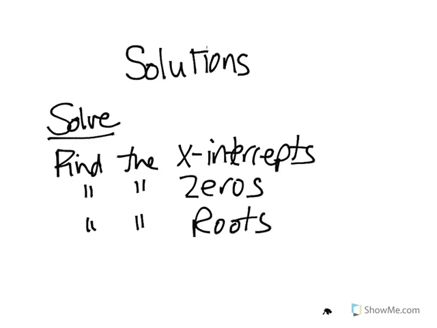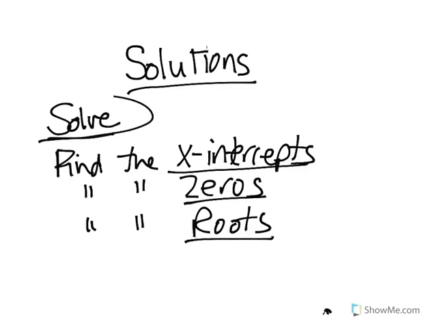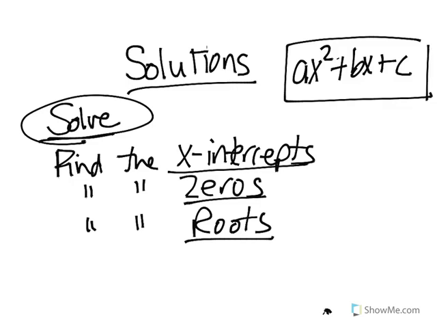All of those things, solutions, x-intercepts, zeros, roots, or if it just says solve, and we're talking about an equation that has an x squared in it, ax squared plus bx plus c. What we have just done on this paper is how you would solve it. We'd factor it and split up our two little factors, set them equal to 0, and then solve for x.